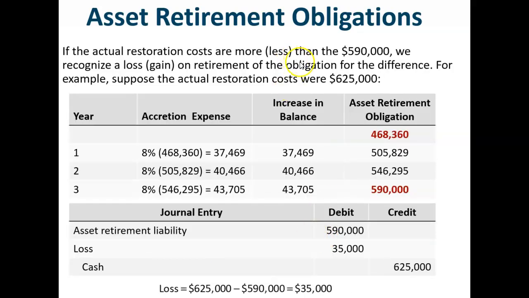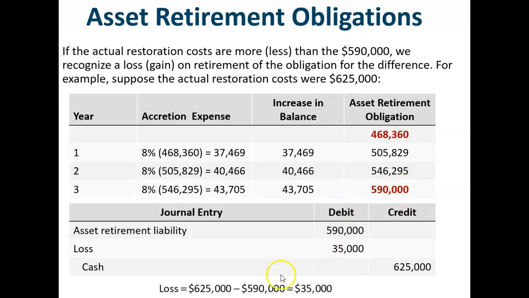For example, suppose that the actual restoration costs were $625,000. In order to record the payment of the $625,000 of actual restoration costs after year 3, we will need to debit the asset retirement liability for $590,000 to remove this liability from the books.